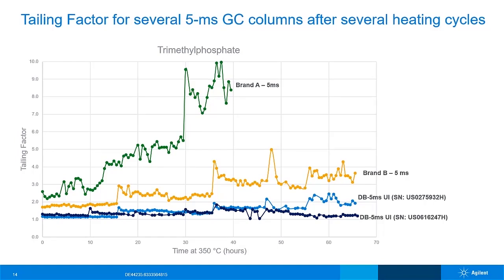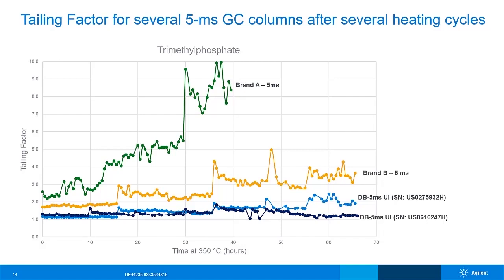Tailing factor obviously will tell us a lot about the inertness of the GC column over long periods of time. In this case, up to 70 hours for our columns. But you can look at and compare the tailing factors for our columns and two different vendors of GC columns.